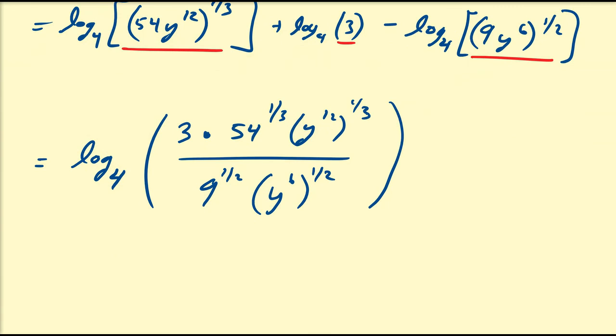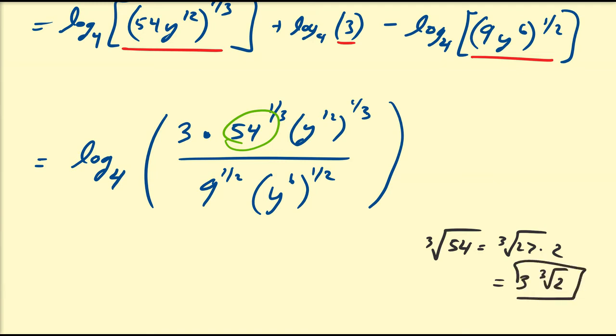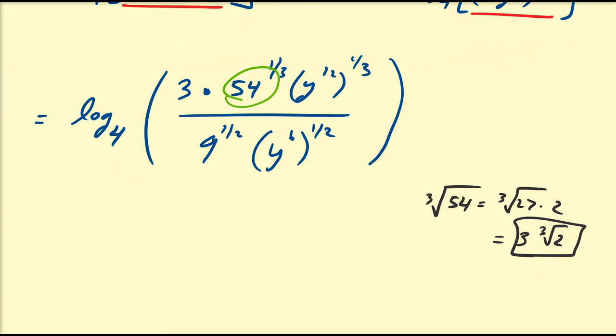Okay, so what can we do with this cube root of 54 term, right? So remember that the cube root of 54 is the same as the cube root of 27 times 2. We know the cube root of 27 is 3, so we have 3 times the cube root of 2, right?